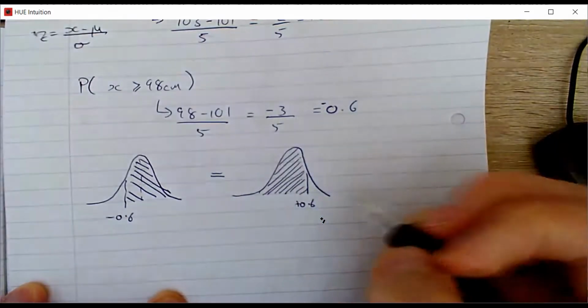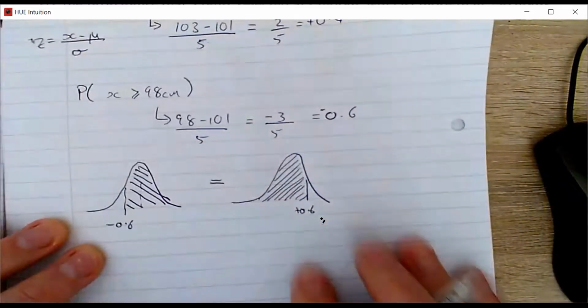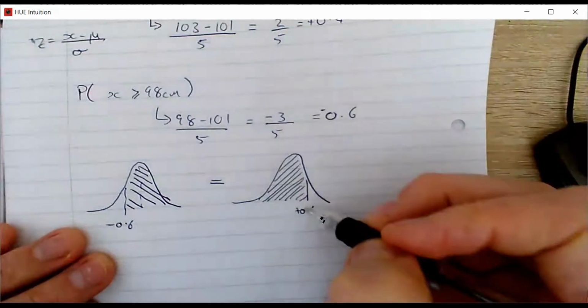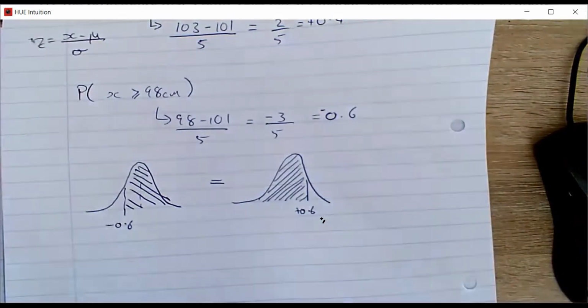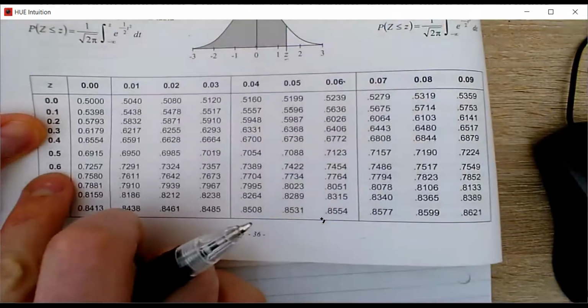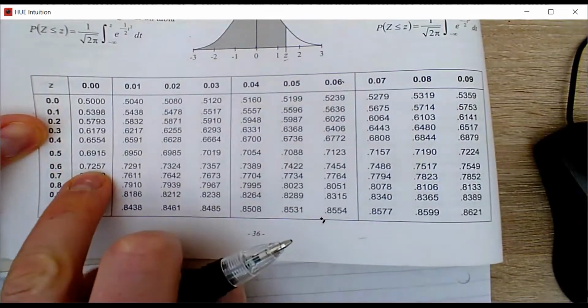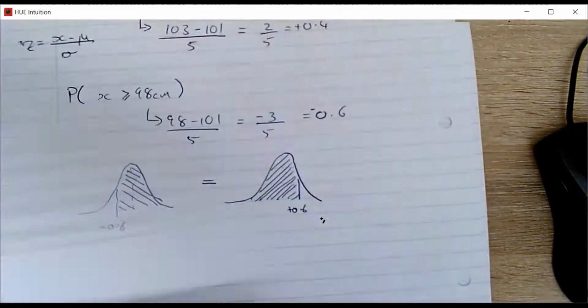Okay, and another good question to be asking yourself as you go here is, well, actually, don't worry about that. Less than plus 0.6. Go to your log tables, plus 0.6, that's 0.7257.